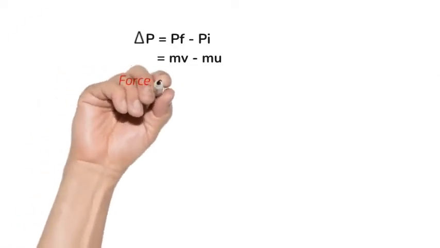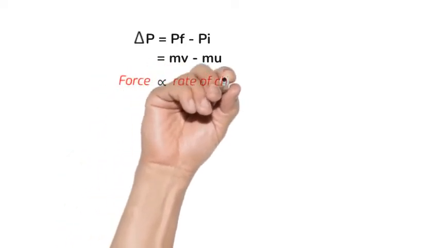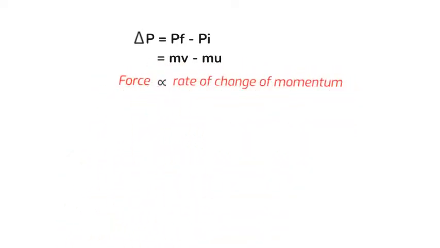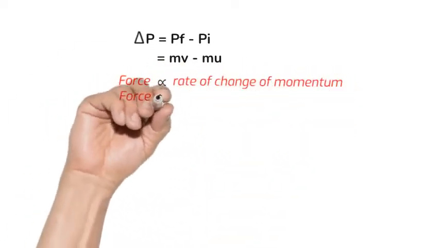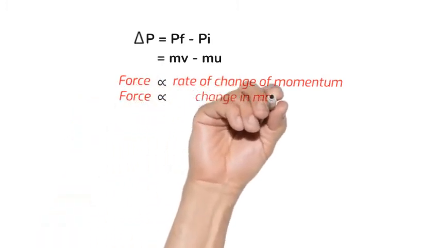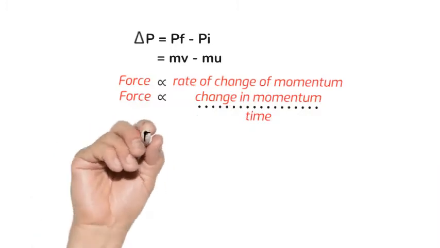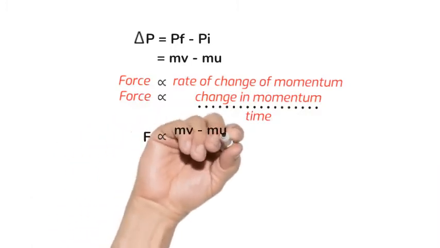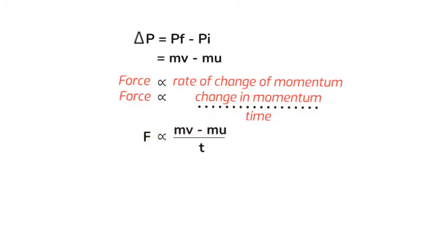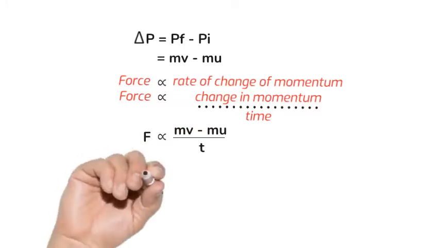By Newton's second law of motion, force F is directly proportional to the rate of change of momentum. Therefore, F is directly proportional to change in momentum divided by time. F is directly proportional to (mv minus mu) by t. In order to make this an equation, we multiply with the proportionality constant, that is k.